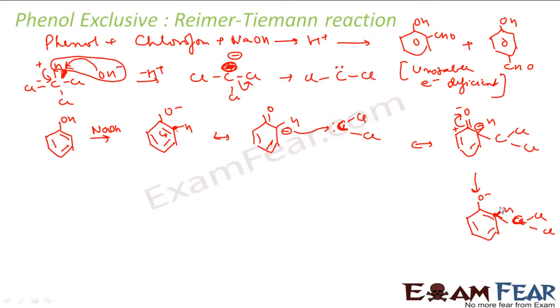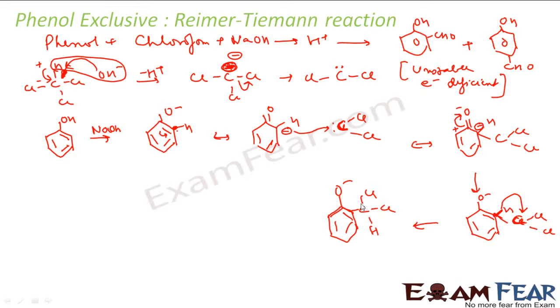Correct. So this hydrogen bond will break now, and this will join this. So with this, the aromaticity is still there in O minus, and you get C, Cl, Cl, and H. Correct. So everything is maintained now.